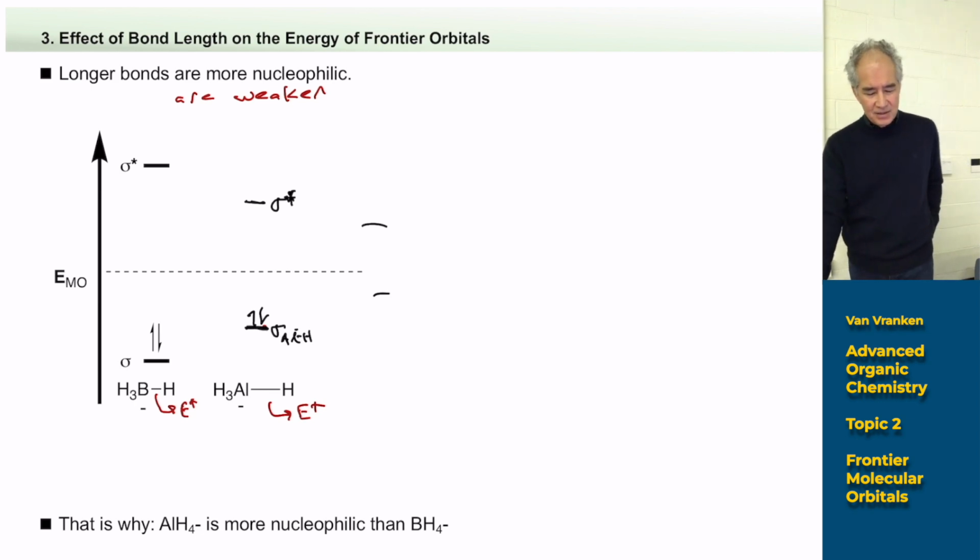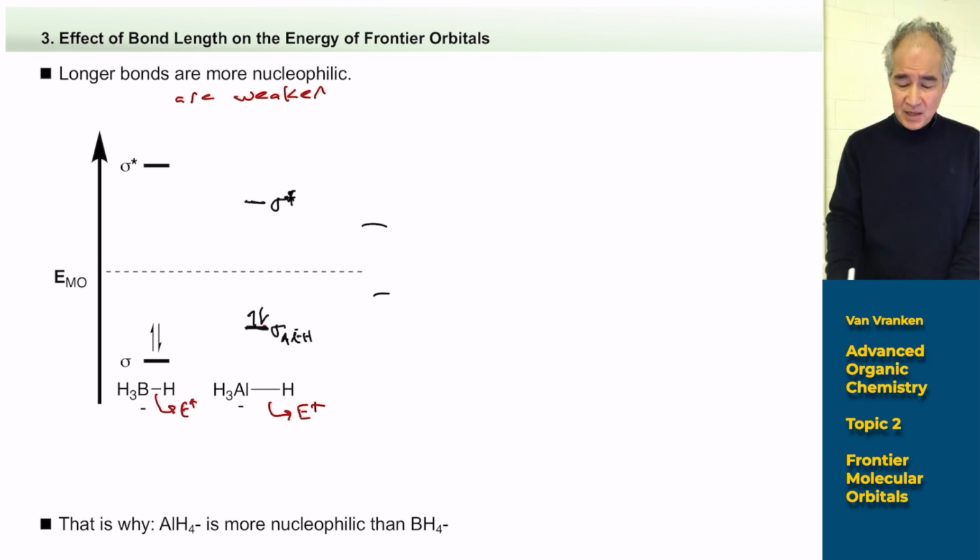So the prediction from this is that the tetrahydridoaluminate should be more nucleophilic than hydridoborate because the bond is longer. And all we needed to know was bond length. You just needed to recognize that aluminum is below boron in the periodic table and will have a longer bond. And so the important implication is that lithium aluminum hydride is more nucleophilic.